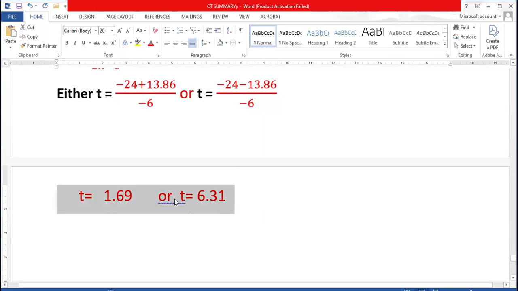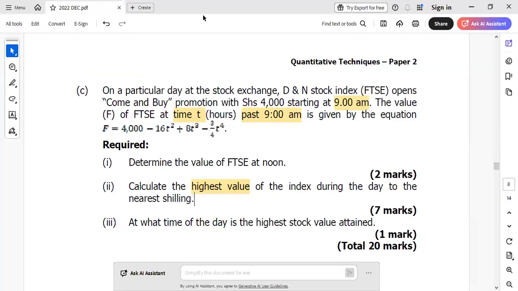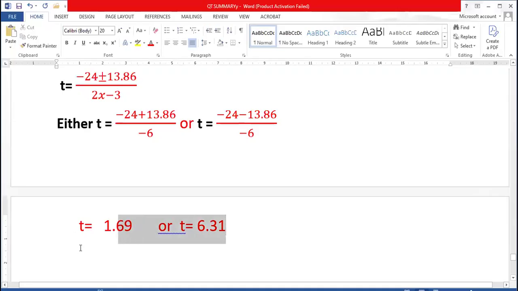Remember, you want a value that you want to maximize. You want to maximize the highest value of index. So since you want to maximize, at this point you can't know which time is going to help you to maximize.